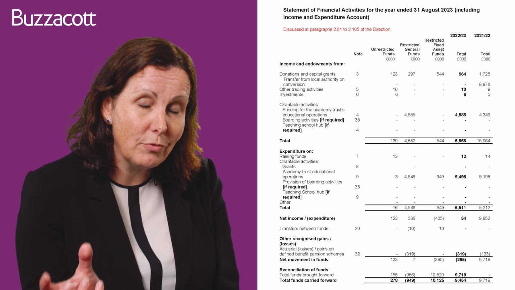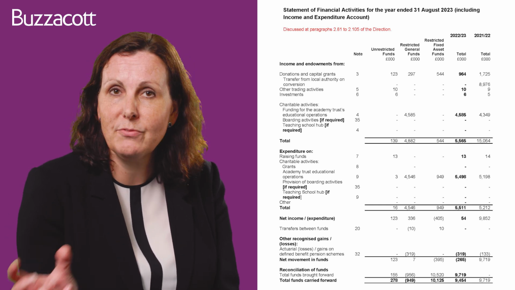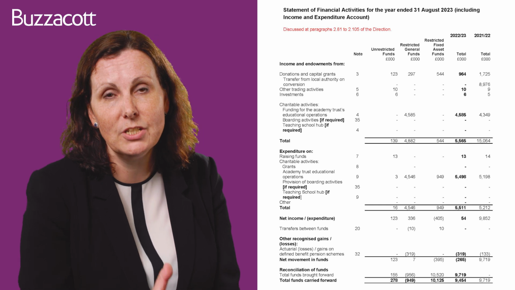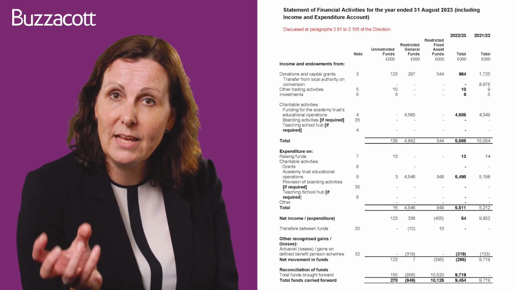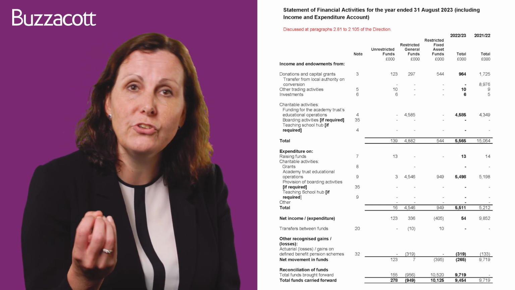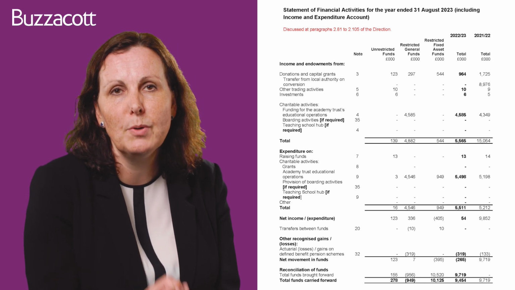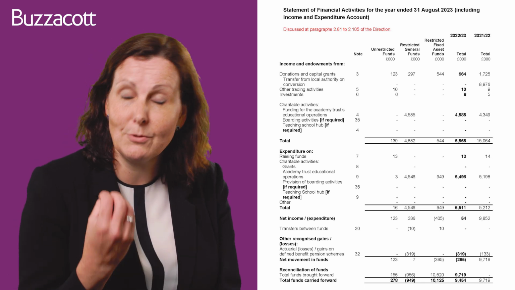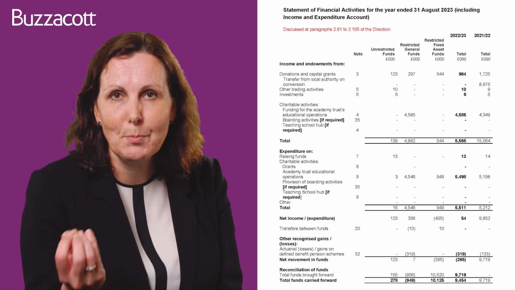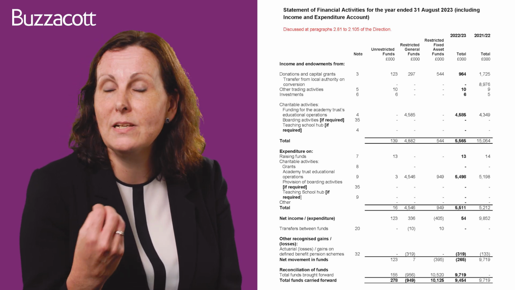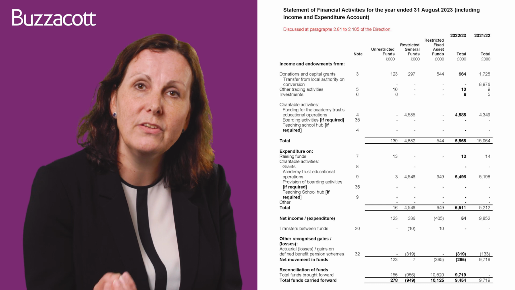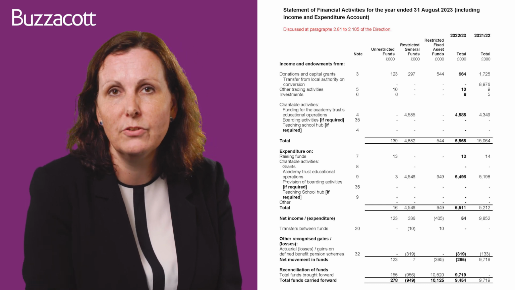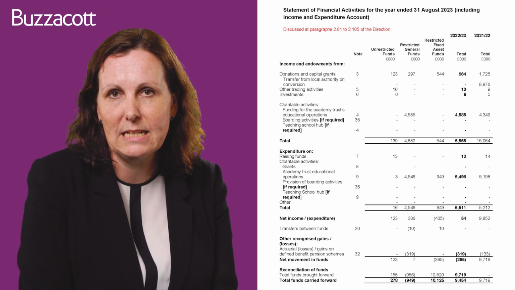Although schemes more recently have tipped into positive asset positions, the pension reserve here, which represents your share of the deficit of the local government pension scheme, is a deficit rather than a surplus, and therefore a deficit brings a liability, so the pension reserve will be negative.